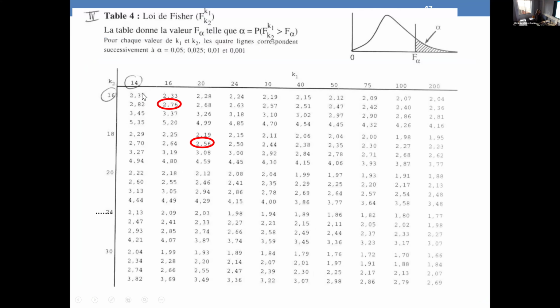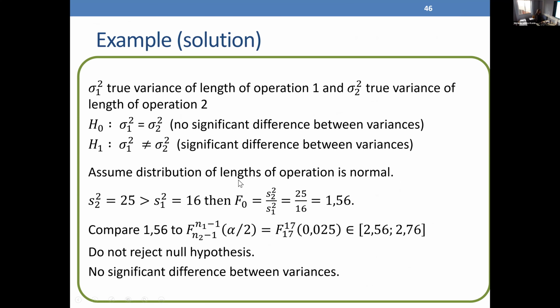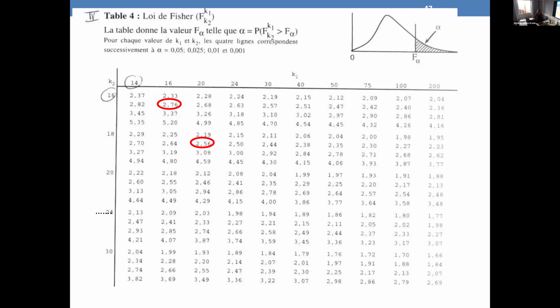So at least there we can't get it wrong. It's between here and here, approximately around 2.6. And here we can see that 1.56 is less than 2.6. So we do not reject the null hypothesis, which means there is no significant difference in variance, which means, can we do that Student t-test or not? Yes, we can, because we're not rejecting the equality of variance. So it means we're allowed to do the comparison of means.